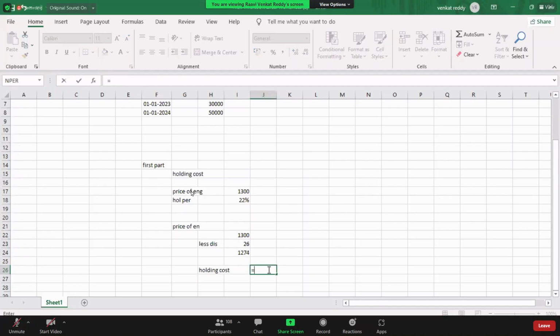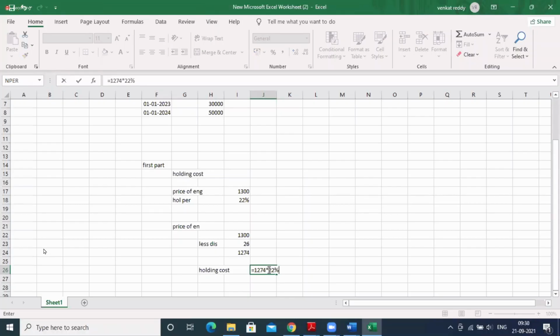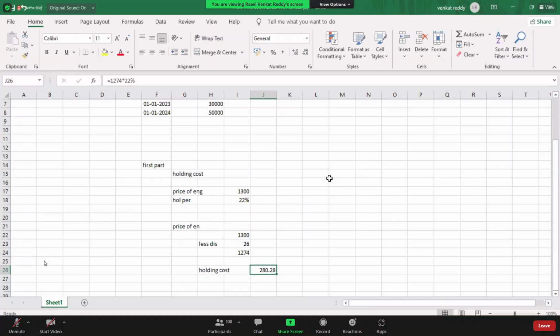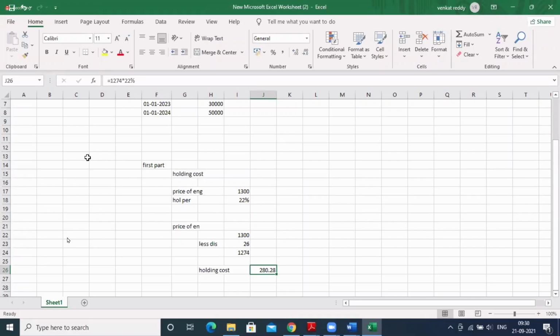That is 1274 into 22%. So it is 280.28. I hope now you understood. Is it clear?